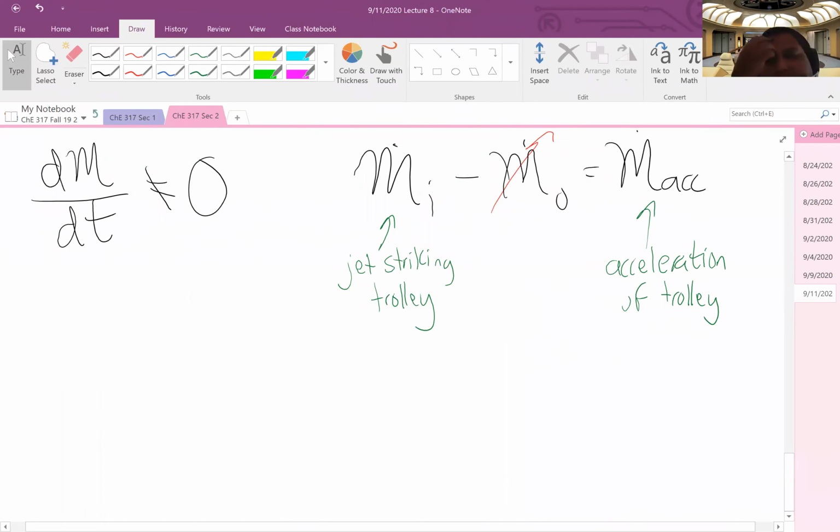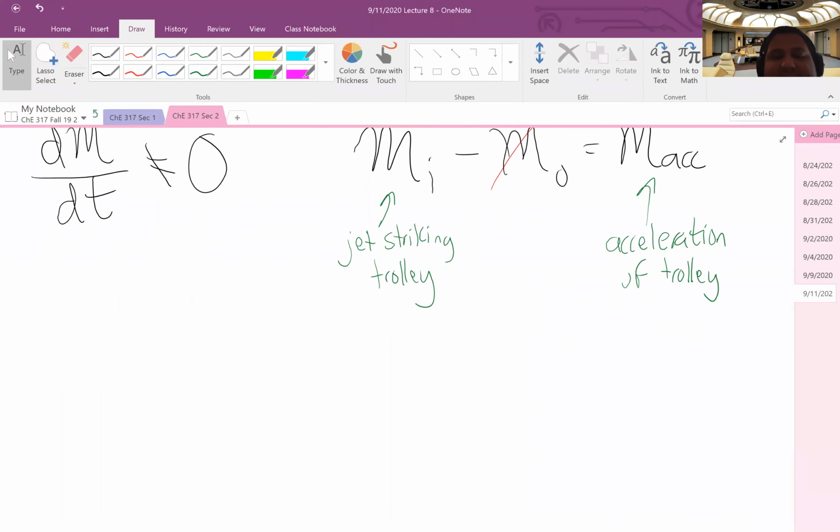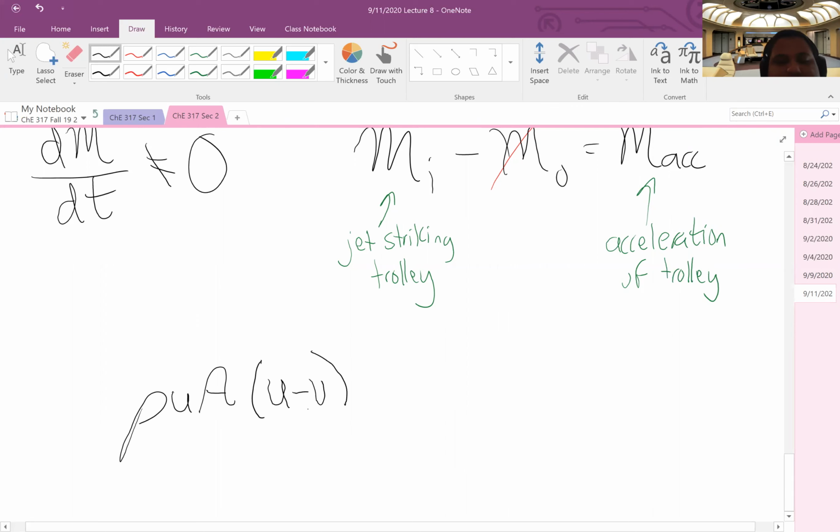And so if the momentum in is the jet striking the trolley, that's that force, then we have the density, the area, the velocity of the jet, and then the net velocity, or the net momentum, that that jet is bringing to our system, which would be u minus v.